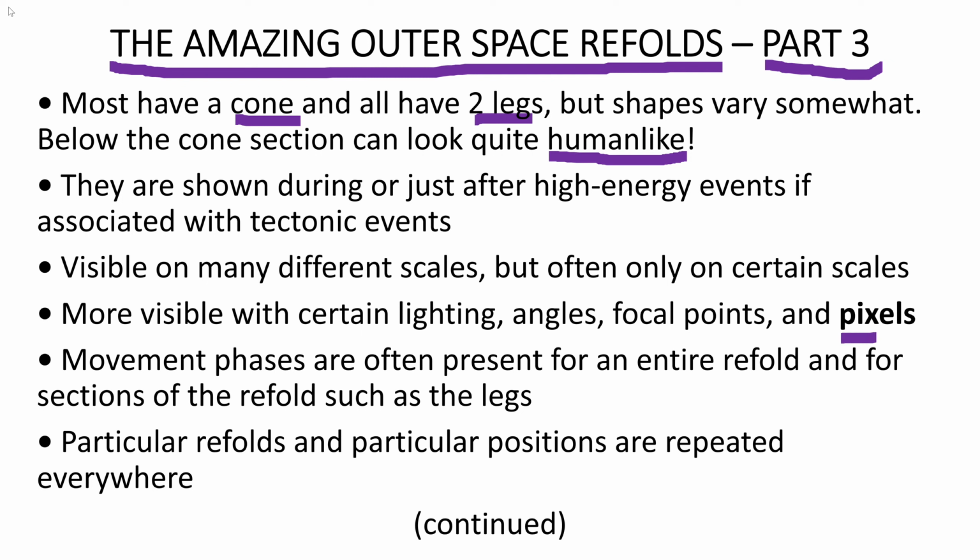So really important, pixels. Sometimes it's actually easier to see them when everything's blurry. And you see the basic outline, and they come out, and it's really, really freaky. I'll never forget the feeling when I developed a lot of these drawings, and I couldn't see anything, and then I just changed one of these things, focal point, angle, scale, whatever it was, and all of a sudden they just pop out.